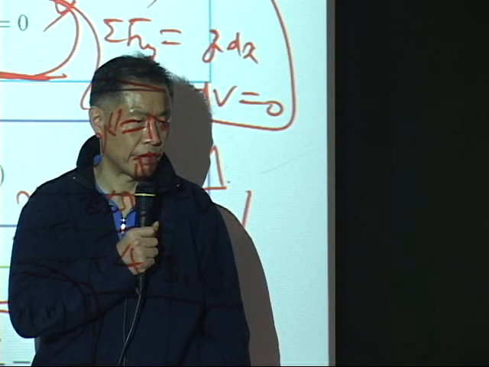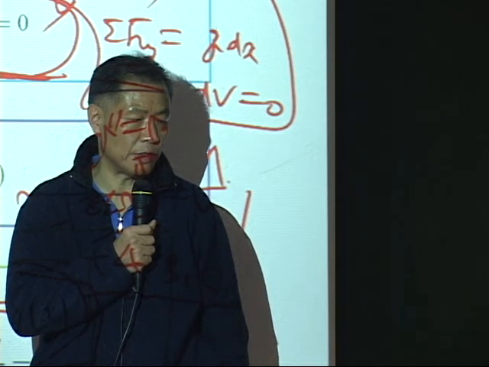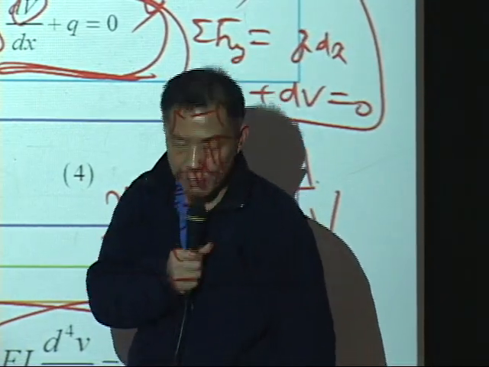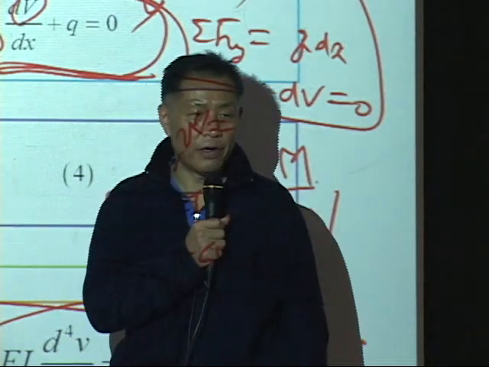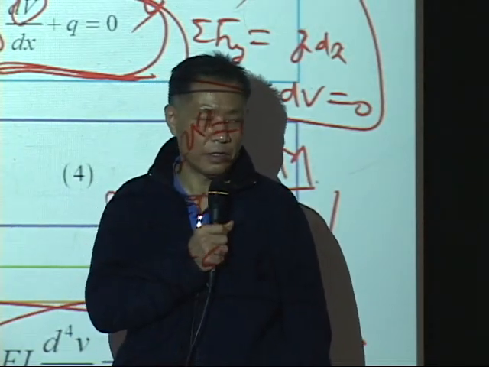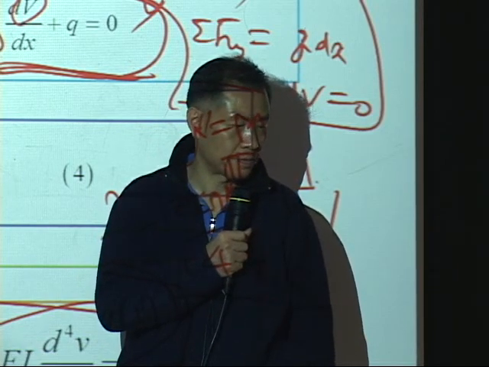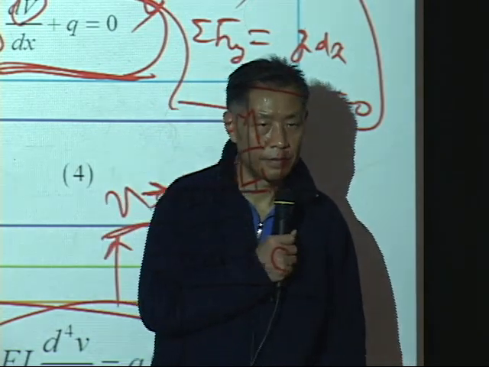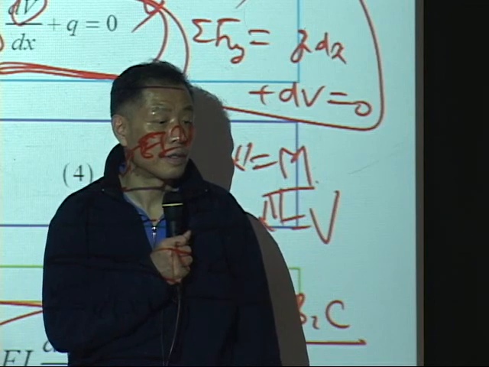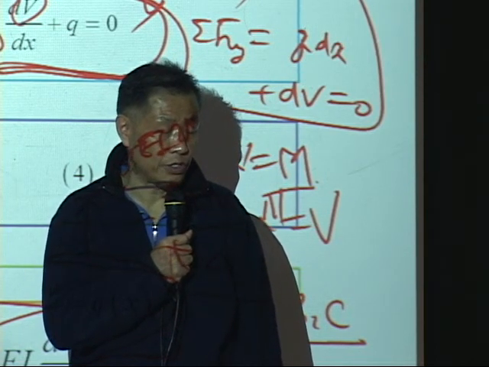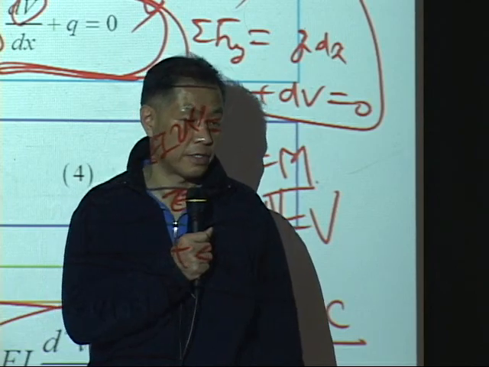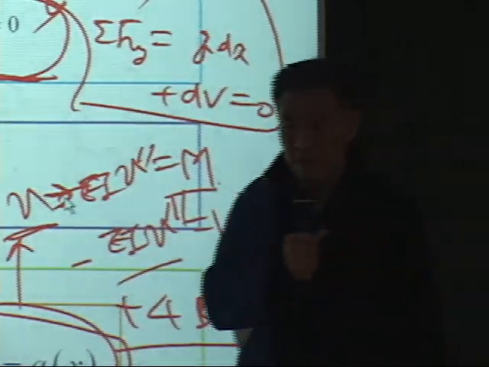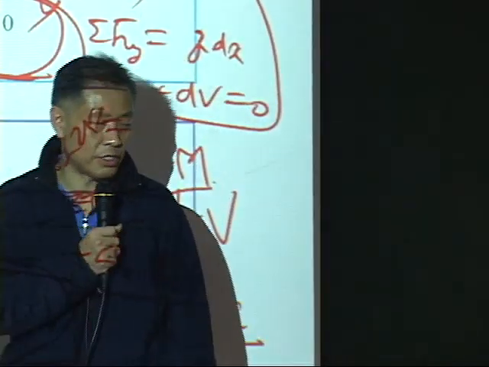K is given by the second derivative of deflection V. Third, write down the equilibrium equation in the vertical direction.